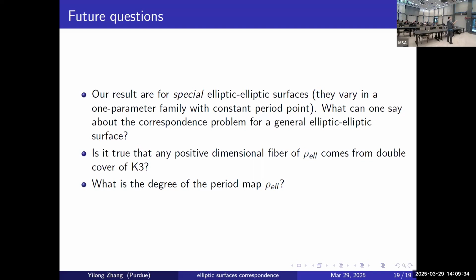And the second question is about this period map. Using this method, this is some n-dimensional space, and it is the finite one. So we find some positive dimensional fibers in our results, coming from the base change of K3.